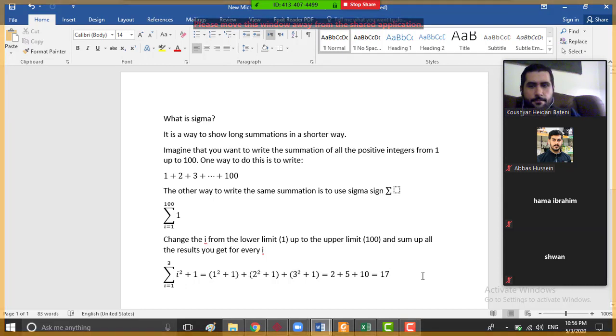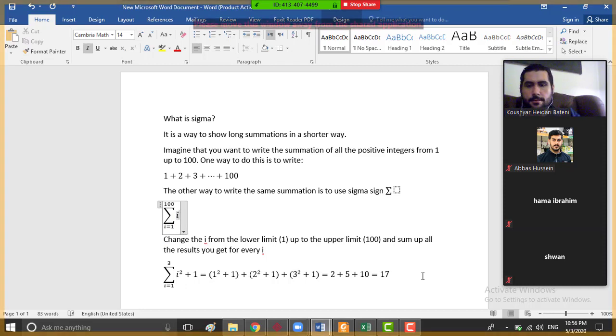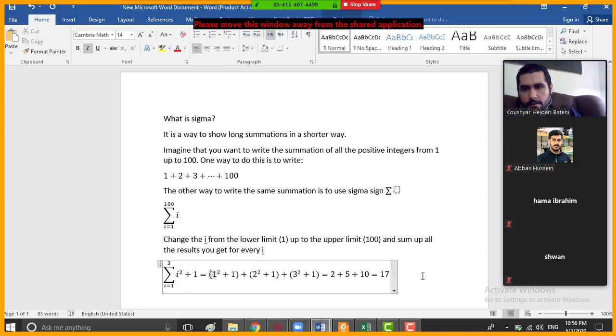Right? Now, guys, let me add a couple of points here. By understanding the meaning of the sigma, you now know that i is something very arbitrary. Instead of i, you can use any letter: n, m, k.